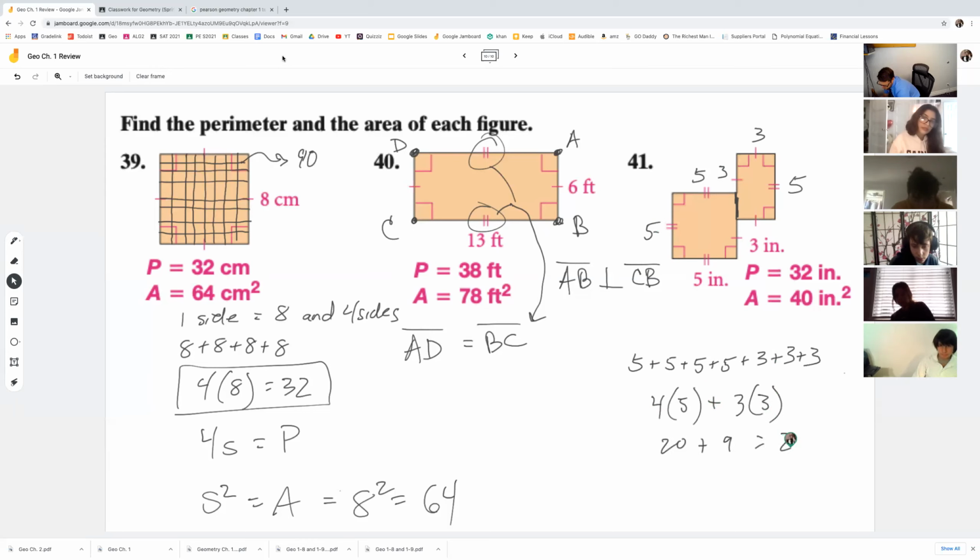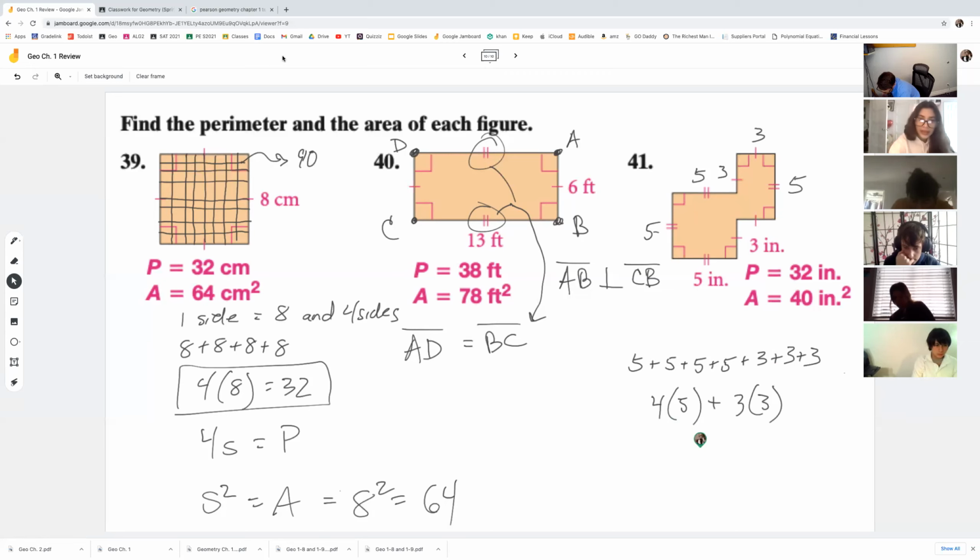Did I miss a 3? I think the book made a mistake. No, I made a mistake. Another 3 right there.